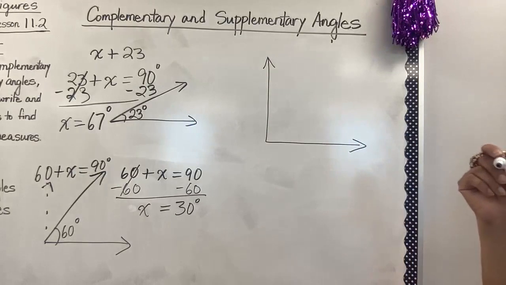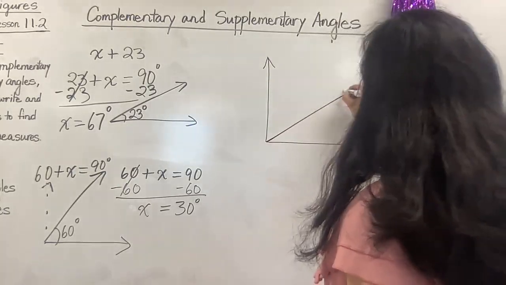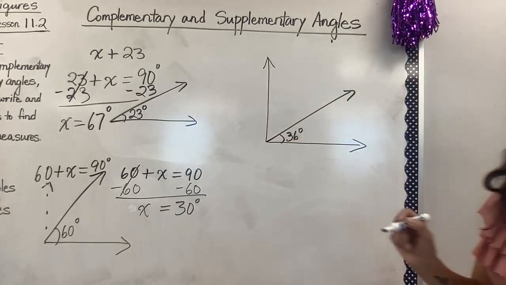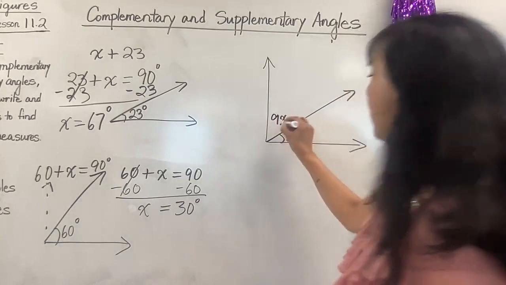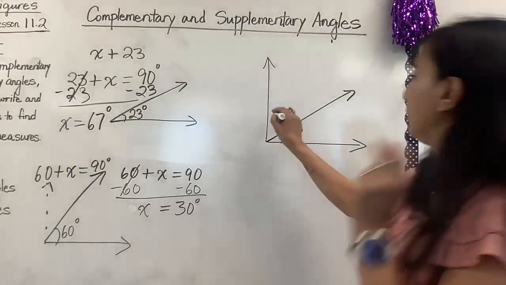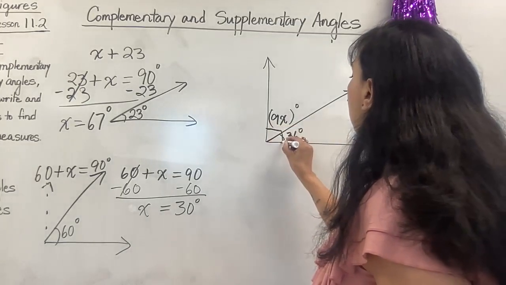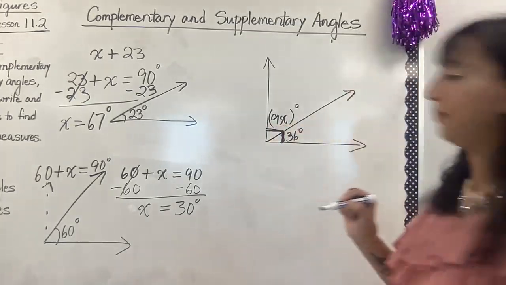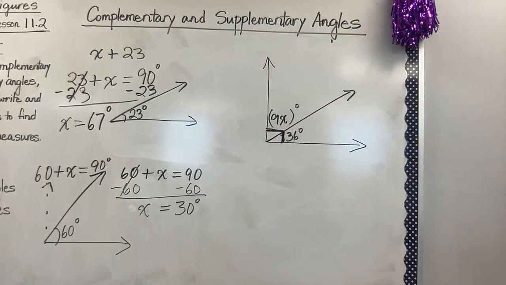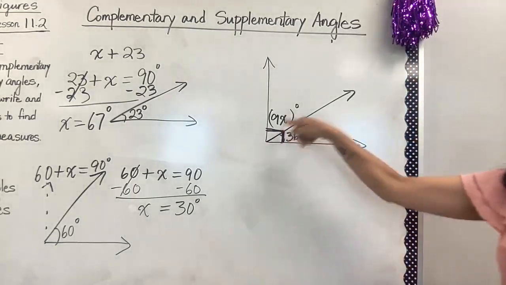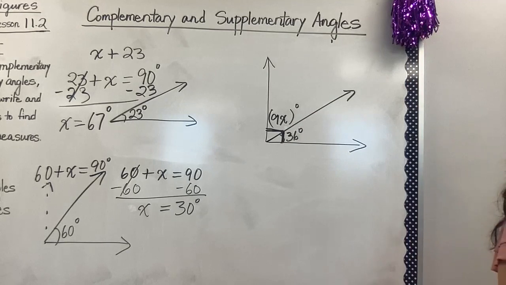Okay, and if I say that this is 36 degrees and this is 9x degrees, what is the value of x? And I know that in a complementary pair, this whole thing is how much? It's a right angle, right? So what we're going to do is try to find the value of the missing amount, which is x, and then I am going to see what x is. So that's what we are trying to find.